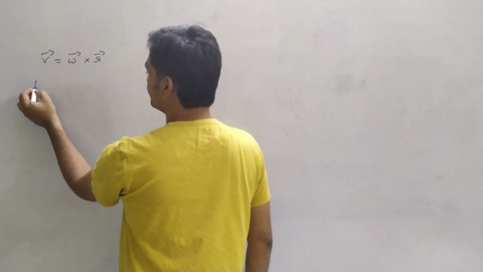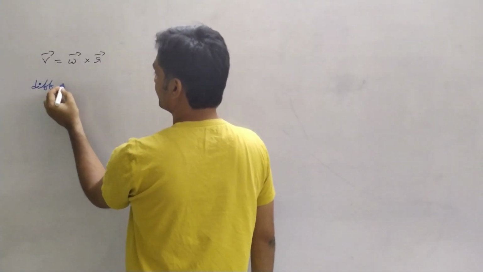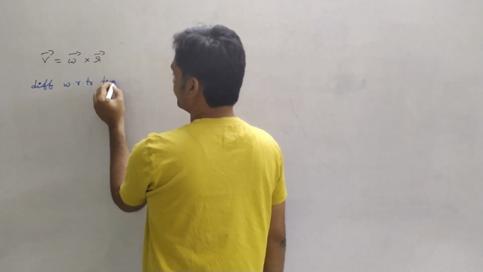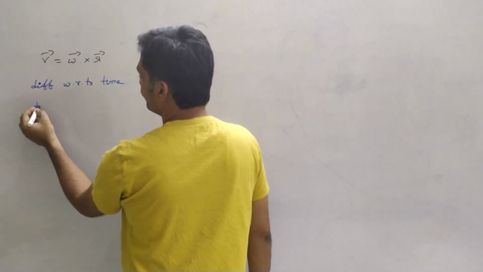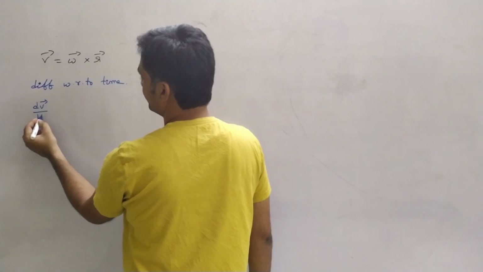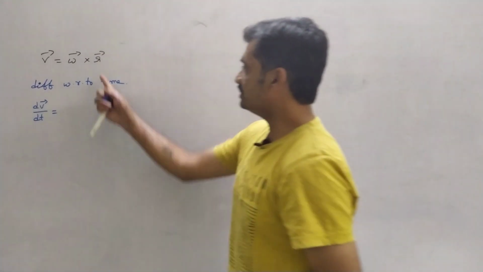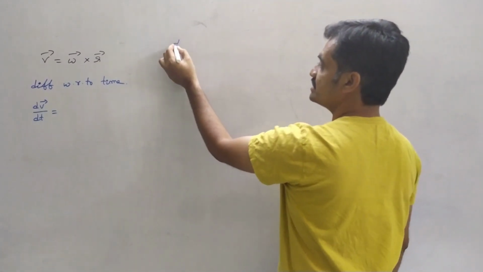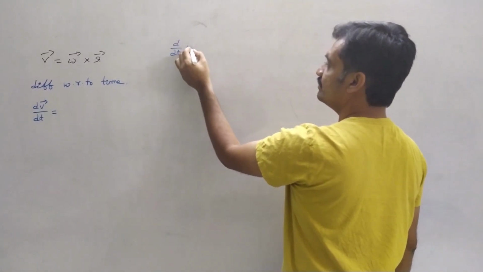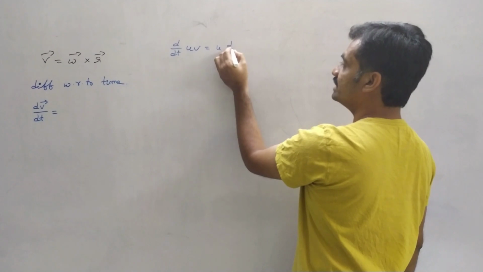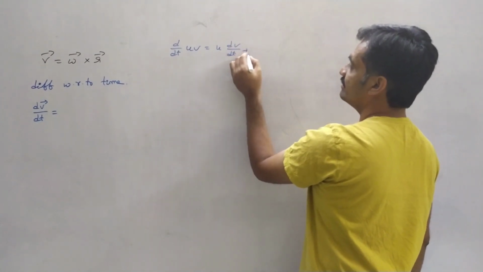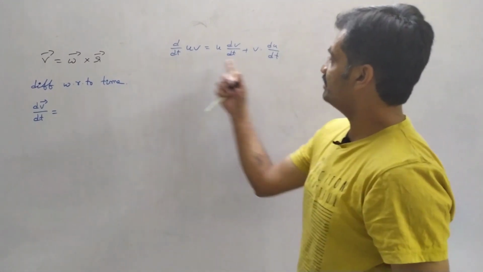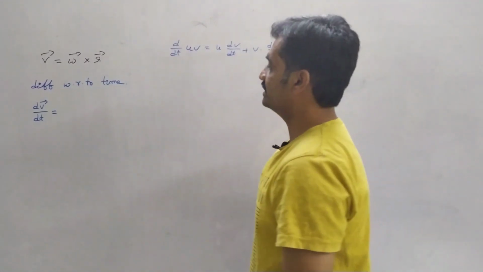For this we are going to differentiate this equation with respect to time. So dv bar by dt equals, observe that it is in the form of uv, and we know that differentiation of uv equals u into dv by dt plus v into du by dt. So based on that we are going to differentiate this equation.